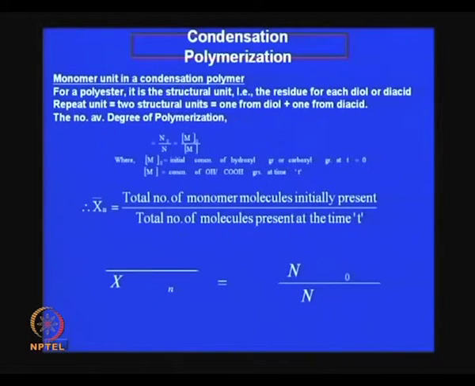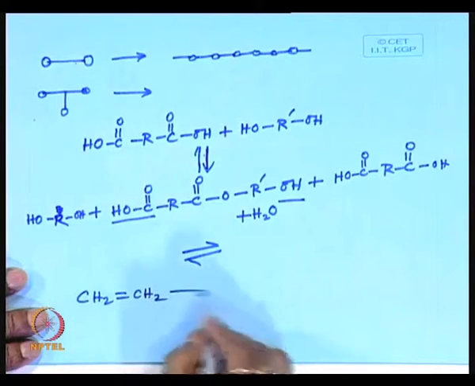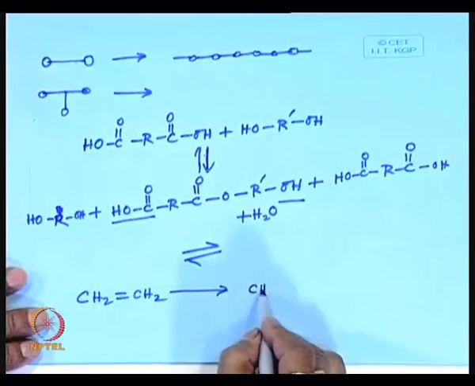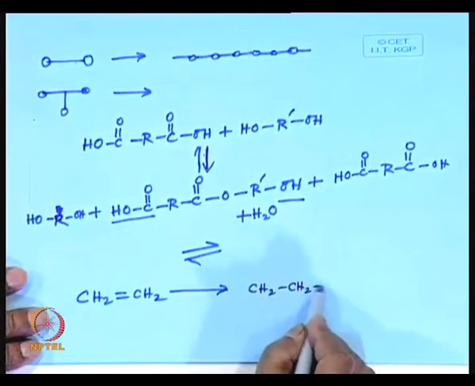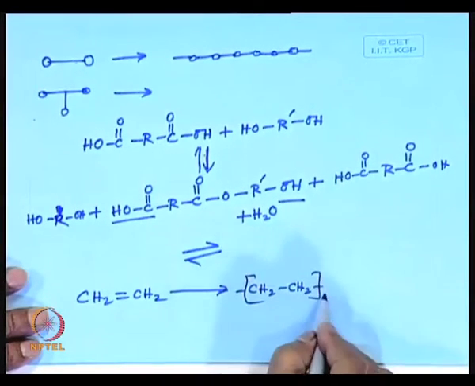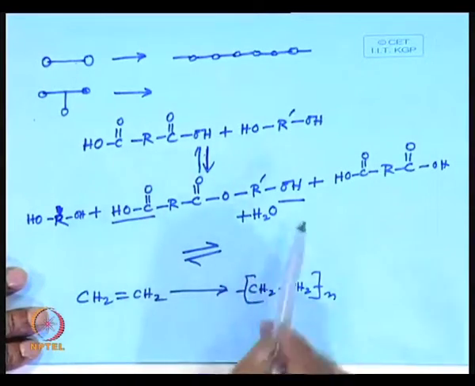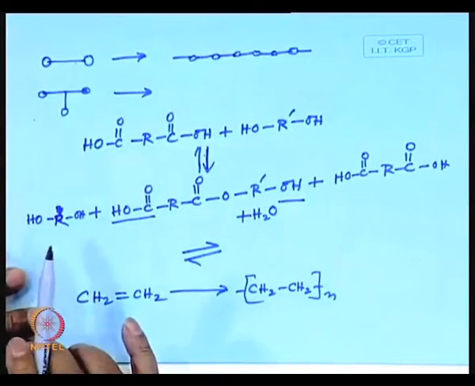Now, this is a condensation polymer we are synthesizing and discussing here today. If you synthesize polyethylene, there is no problem. You take ethylene, and simply you can write the formula of polyethylene like this. But in case of polyester, the situation is a little different.